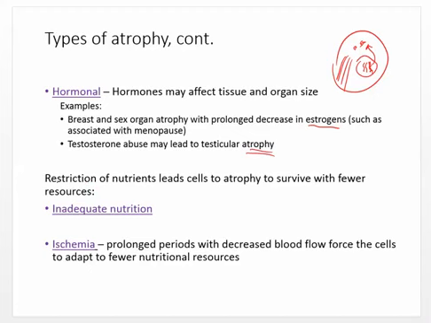Okay, so restriction of nutrients also leads to atrophy. That makes sense because that means you are able to survive with fewer resources. So directly, there is inadequate nutrition. That's something that is seen in POWs, prisoners of war, people who are imprisoned without food or left without food.